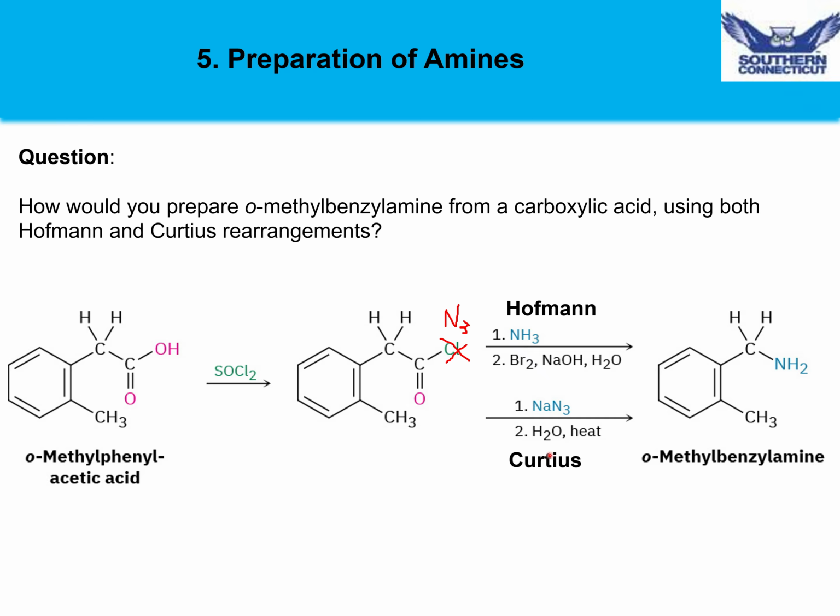Heating the reaction in water will do the Curtius rearrangement, where the alkyl group transfers to the first nitrogen of the azide, eliminates the other two, and after the water adds to the isocyanate, we end up with the Curtius product, which is this amine group here.